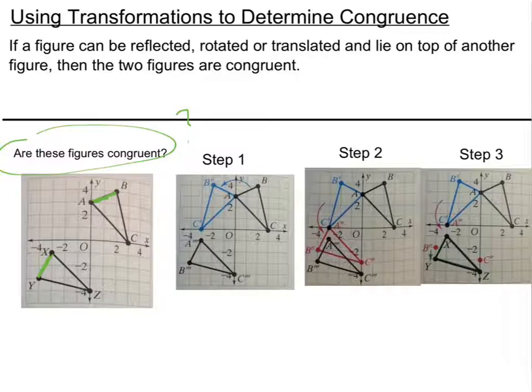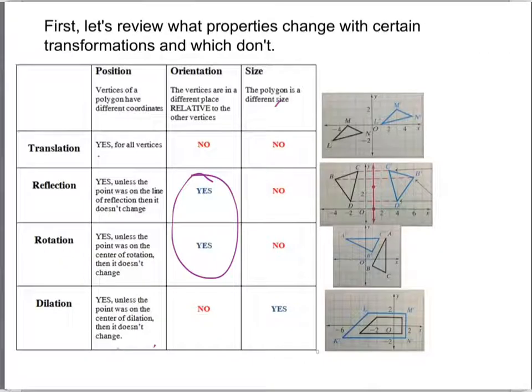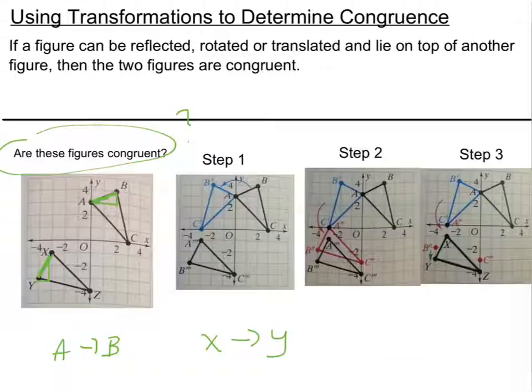So it looks like the orientation changed, because if I go from A to B, that would be the same as going from X to Y. A to B would go right 2 and up 1, and X to Y would go down 2 and left 1. So the orientation changed. Going back to our grid system that tells us which changes the orientation, remember the reflections and rotations change the orientation. So we know that something's been reflected or rotated.